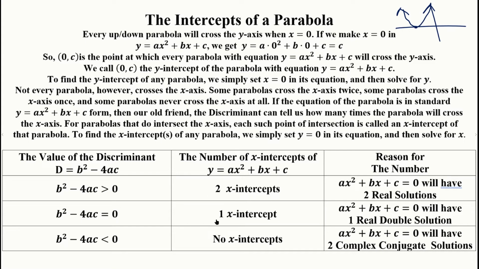If it's 0, you're going to have just one x-intercept, and the associated equation will have one real double solution. If it's negative, you're going to have complex conjugate solutions, so no real x values result from that scenario.